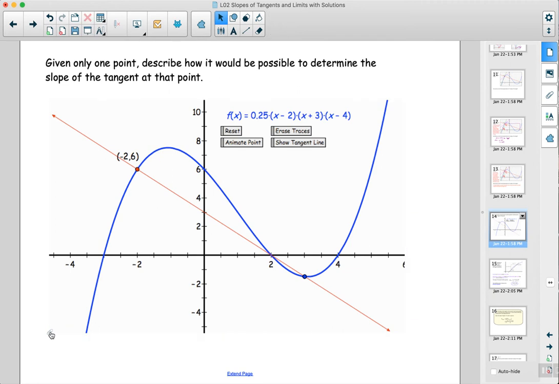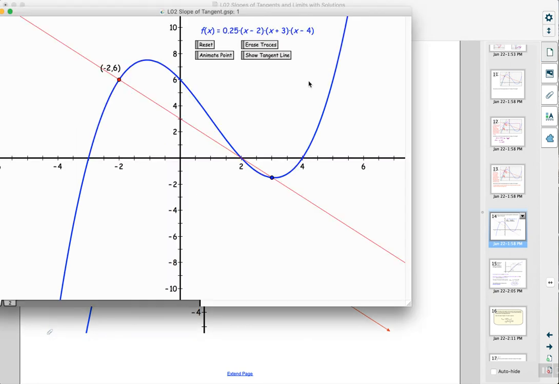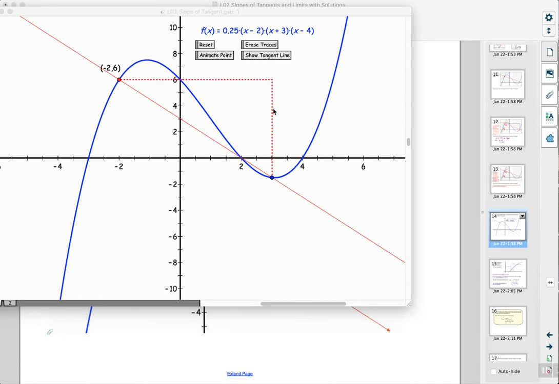Let's see if I can open this GSP sketch. All right, and then let's just start the animation. Right now, this is a very bad estimate, right? I'm just going to pause momentarily. All right, so continue. I want to put these lines on so that we can see here. I'm trying to find the slope of the tangent at this particular point right here.